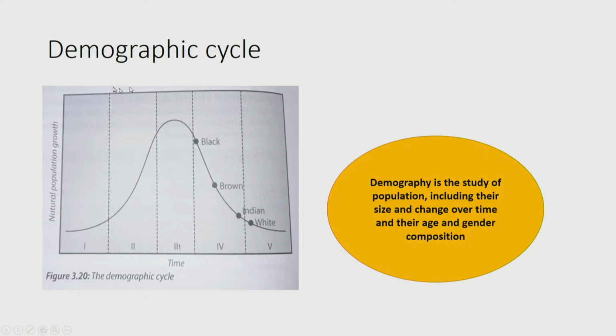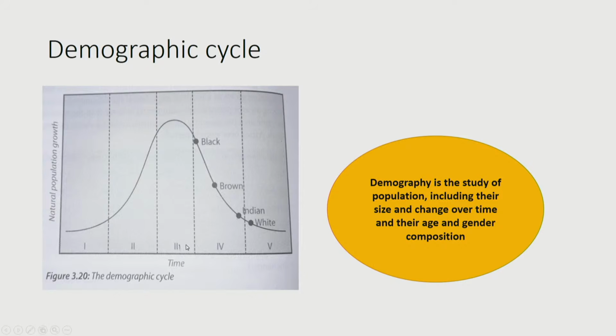So this is our demographic cycle, which we will explain in different stages. What you need to observe is that in this graph, we have 5 stages of the demographic cycle. It is very important for you as a learner to understand what is happening in each stage of the cycle.